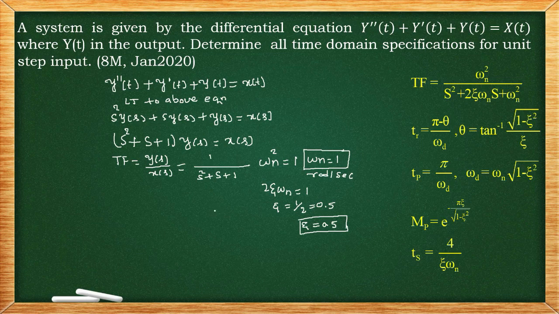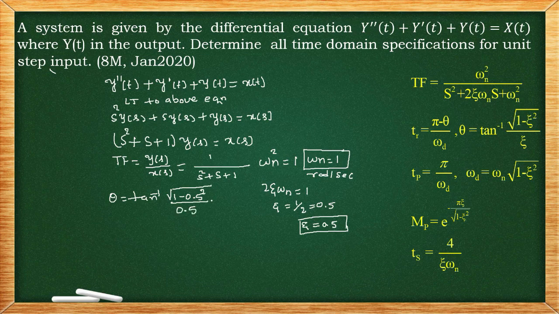Theta is equal to tan inverse of square root of 1 minus 0.5 square divided by 0.5.